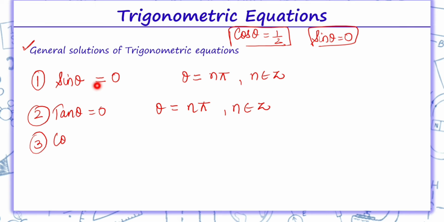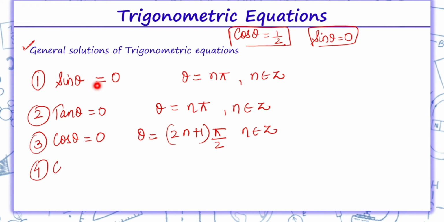Third formula which we have is if cos theta is 0. So in this case theta is equals to (2n plus 1) into pi by 2, where n belongs to Z. Similarly, if cot theta equals 0, its general solution is given by (2n plus 1) into pi by 2, where n belongs to Z. Now as we know, sec theta is greater than or equal to 1 or sec theta is less than or equal to minus 1.